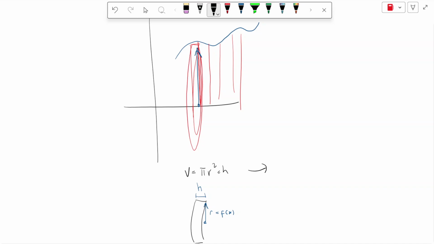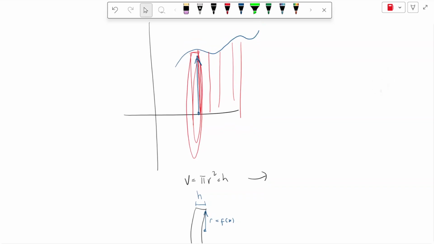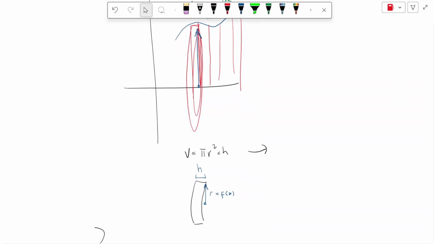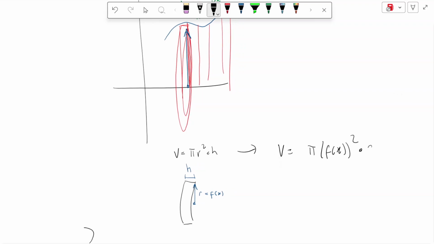So if we're splitting it up into a whole bunch of cylinders, I'm going to call this length here dx, a little distance in terms of x. It's always going to be the same because I'm always splitting it up evenly. So the volume there is pi r, well, instead of r, I'm going to have our function squared, times the height, which is dx.